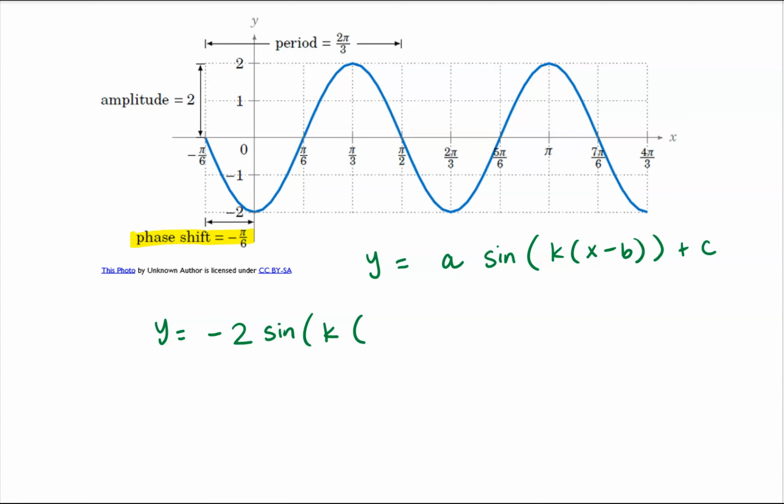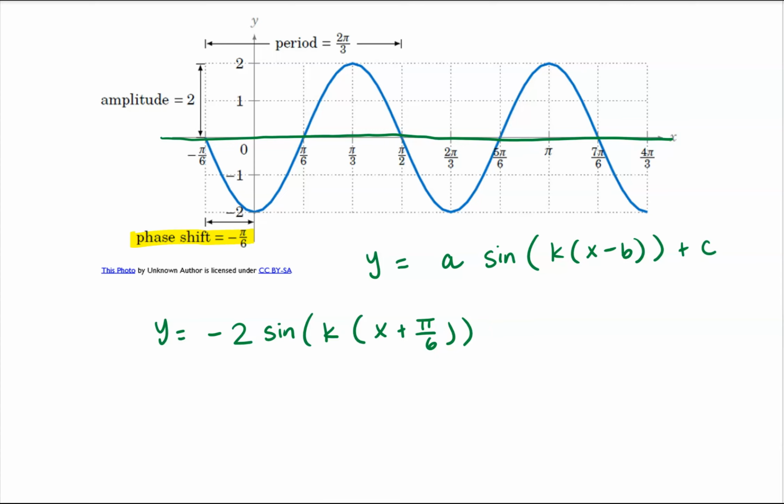And if it's shifting to the left, then we need to add. So it's going to be x plus pi over 6. And then notice that we are starting our center at the x-axis. So there is no vertical shift happening. So our c value is going to be 0, but typically we don't write plus 0. So I'm just going to erase that portion.